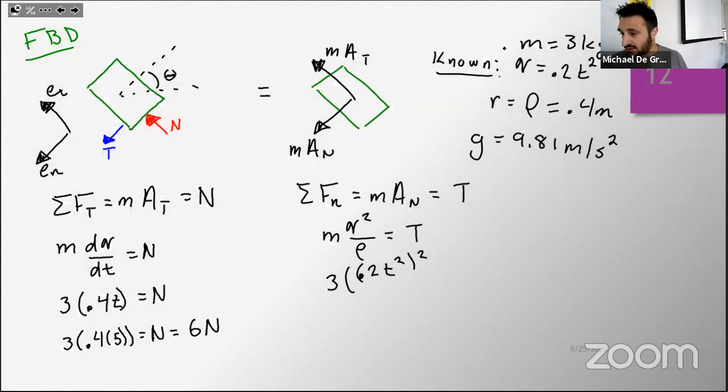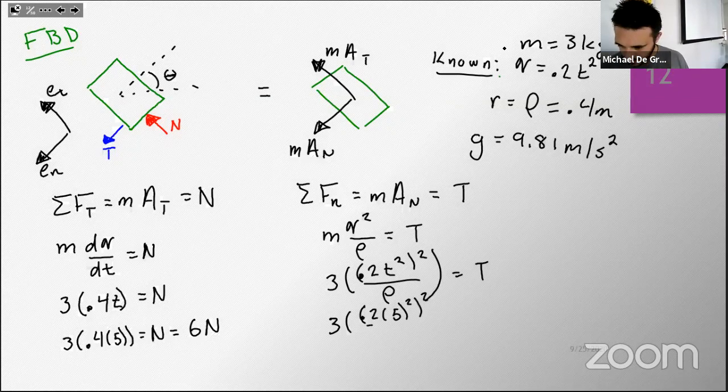Because it's V squared. We know rho. Right, we can plug some things in. So we'll have 3 times (0.2 times 5 squared), whole thing squared, divided by 0.4 is equal to T, which is equal to 187.5.